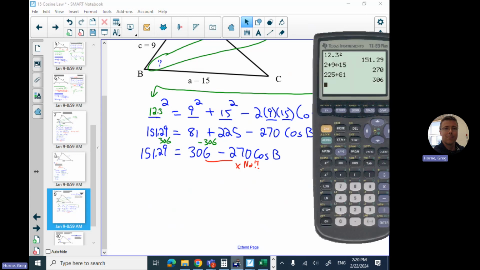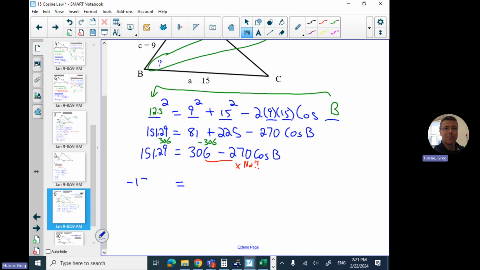We have 151.29. Subtract the 306, giving us negative 154.71, right? And that is what negative 270 cos B is.